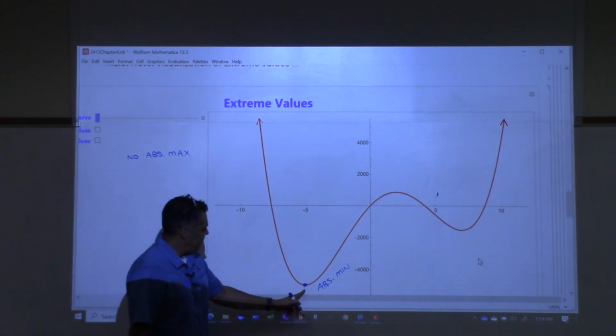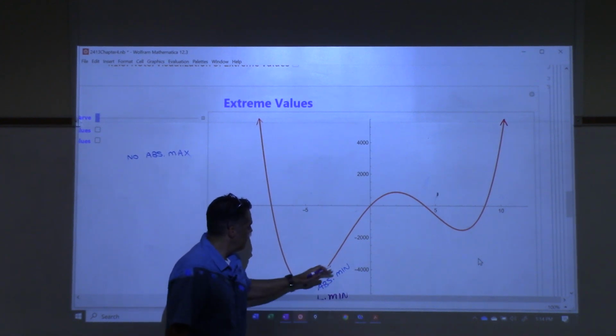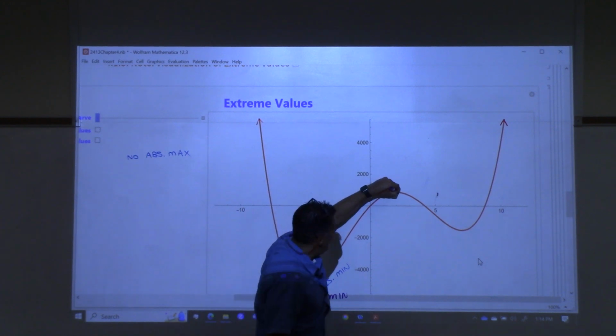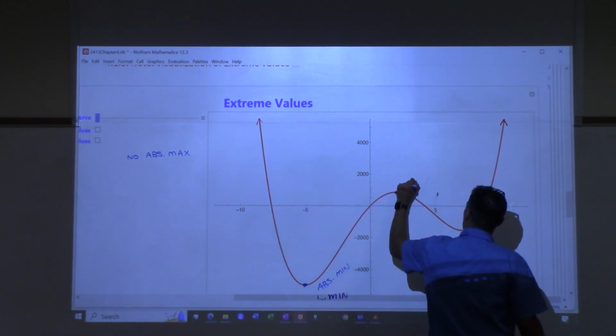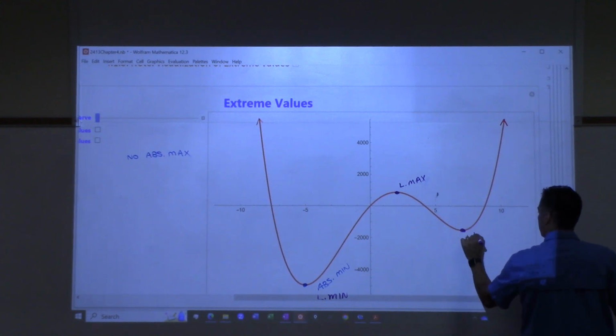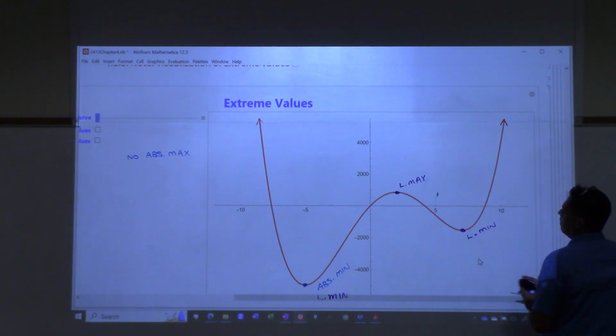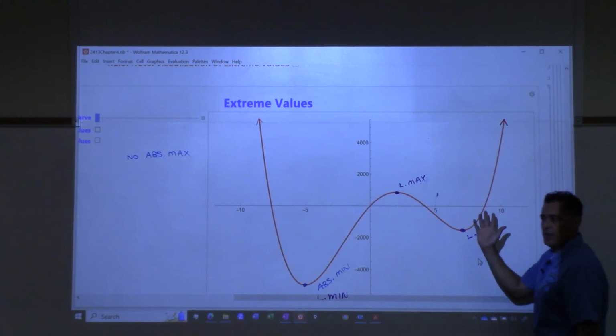What would this be? Local min? Local max? Local min? Anything else? That's it.